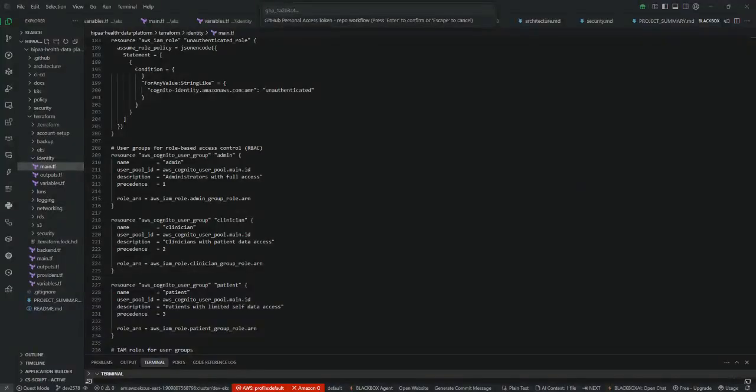Audit controls: CloudTrail, EKS audit logs, VPC flow logs. Integrity: S3 object lock for immutable storage. Person authentication: Cognito with OAuth 2. And transmission security, where I make use of TLS 1.2 plus for all communications. So this is the project structure right here.